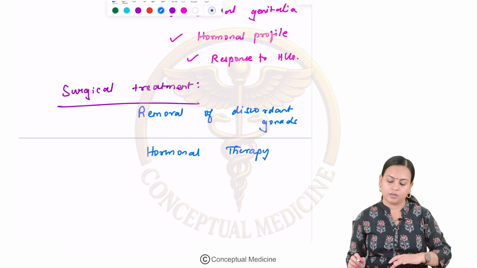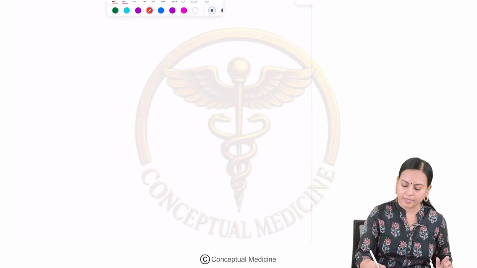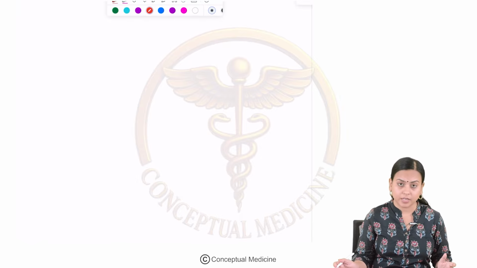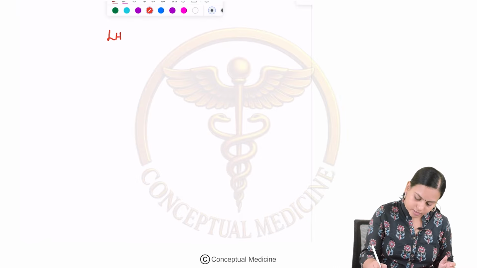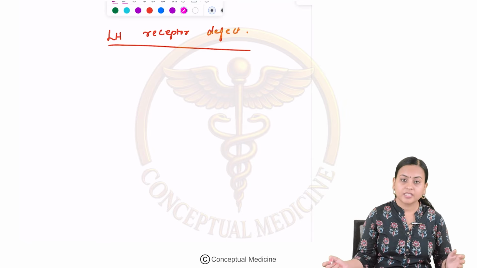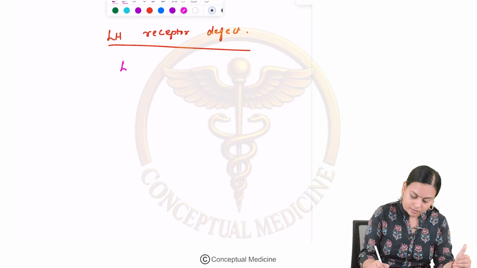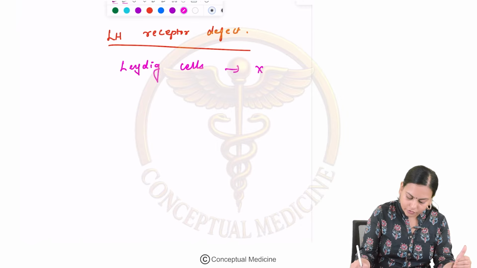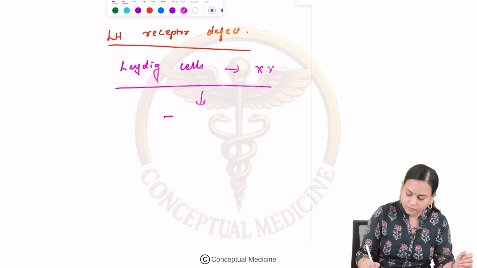Now let's see the next disorder, that is LH receptor defect. So, what is this LH receptor defect? The testicular Leydig cells of an XY individual become insensitive.